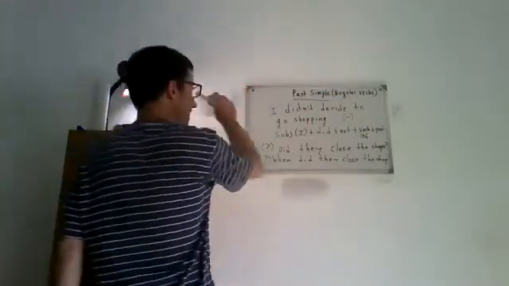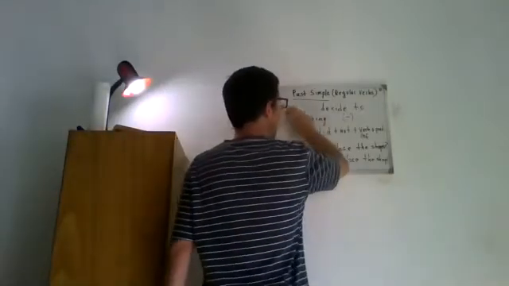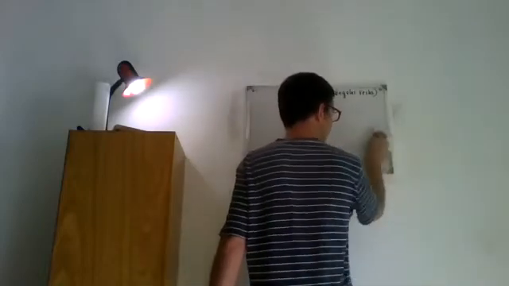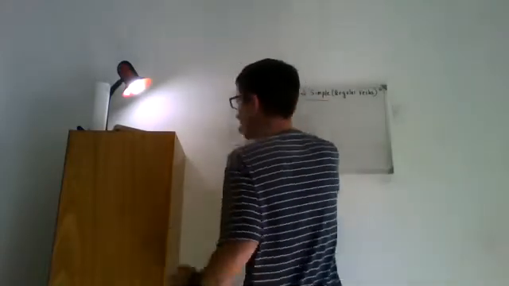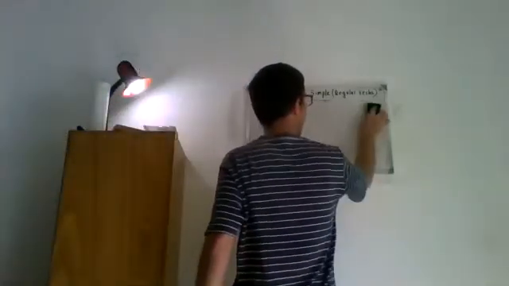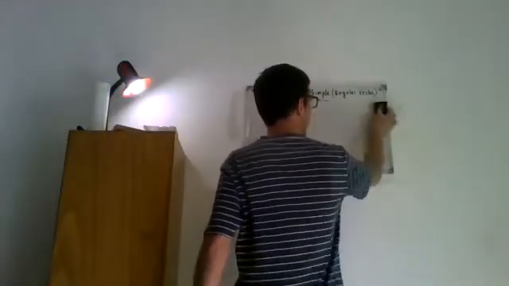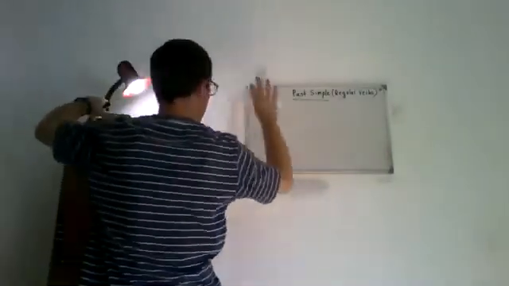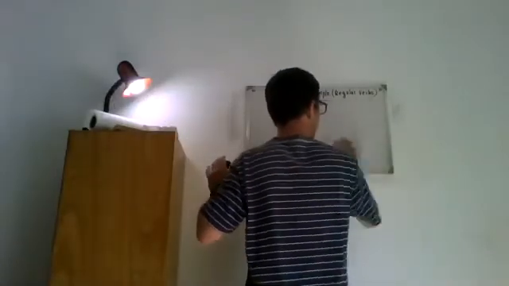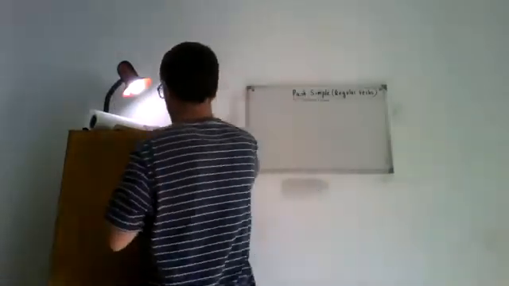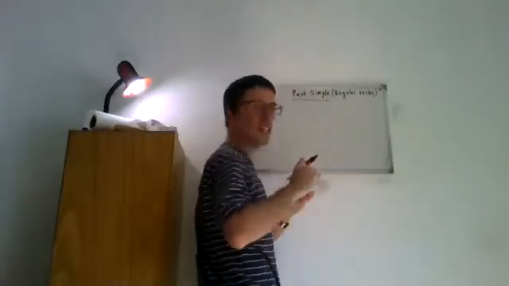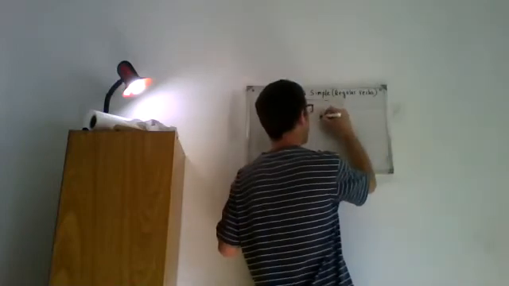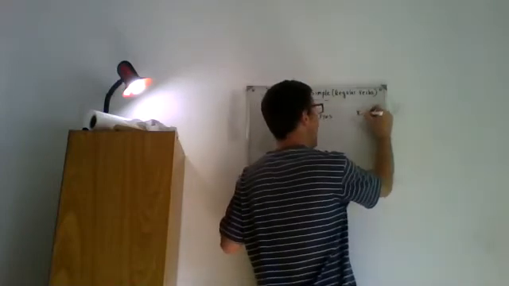Now, the last thing that we're going to see is the typical expressions that we use in the past simple. If you draw a timeline, we have present, future, and past.